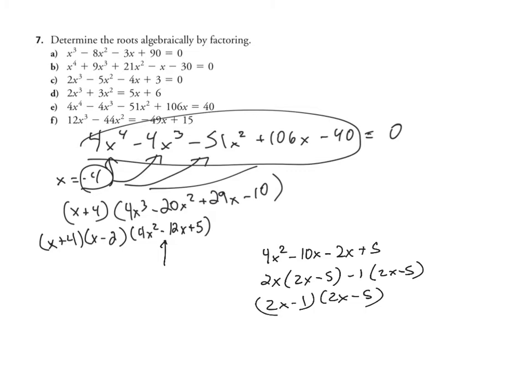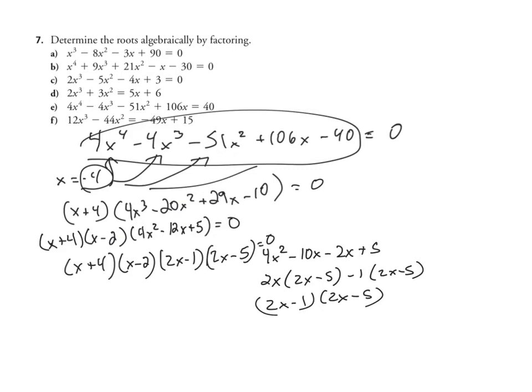All right, so this is equal to x plus 4. These should all equal 0, right? x plus 4, x minus 2, 2x minus 1, 2x minus 5.